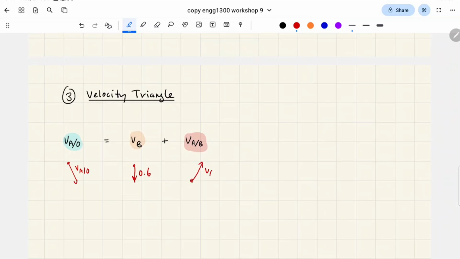And I like to do these little quick doodles of the arrows underneath my equation here, because we're going to have to think about how we're going to actually draw out this velocity triangle, because we're going to have to make all these shapes line up as well as these angles here.